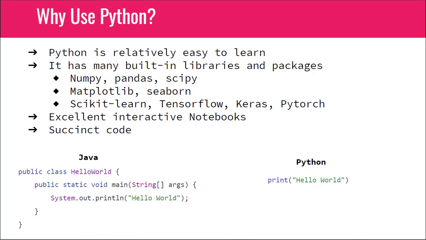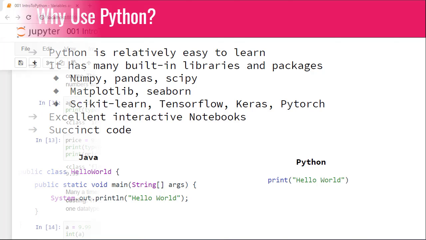There are also packages for building machine learning models, so if you want to build a model on a specific piece of data, you can simply leverage libraries like scikit-learn. TensorFlow, Keras, and PyTorch libraries can be used to build deep learning models. So you get many libraries for building machine learning models which don't exist in many other languages.